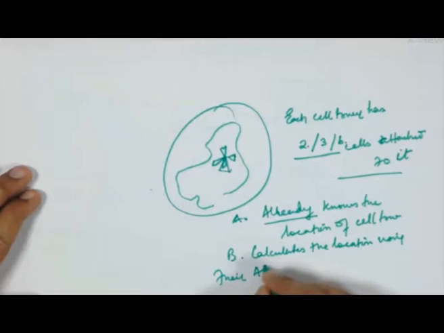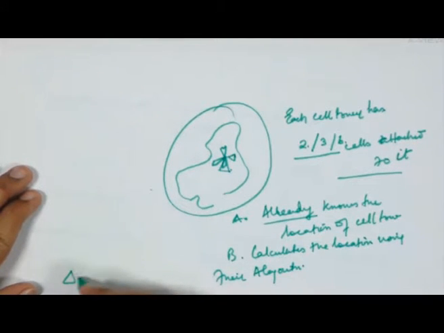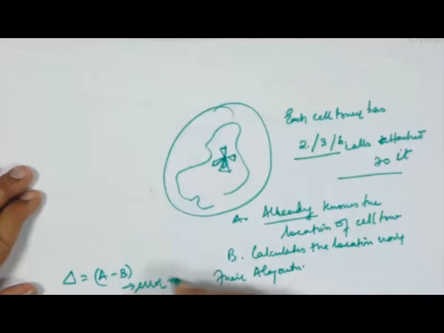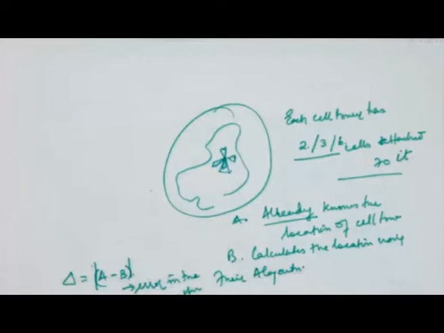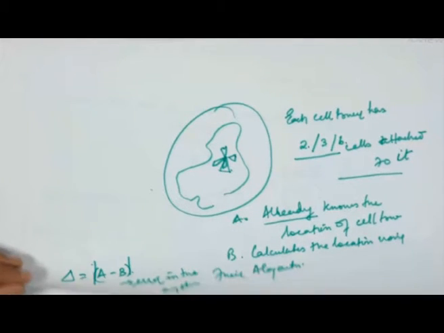And then A minus B shows the error in the system. Very good. So this is about war driving.